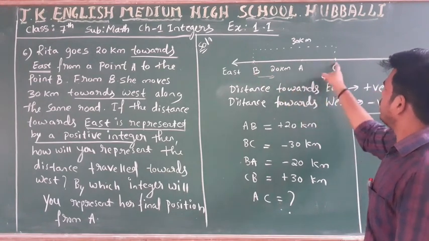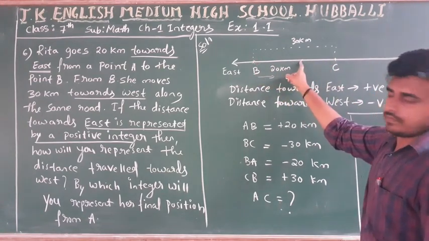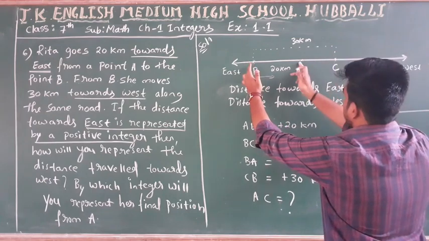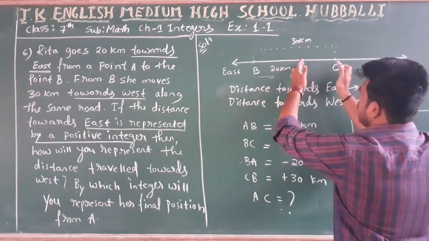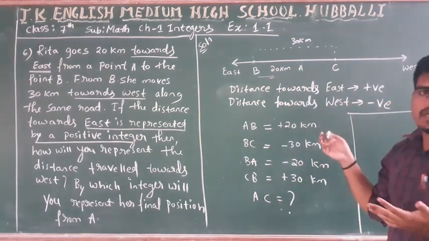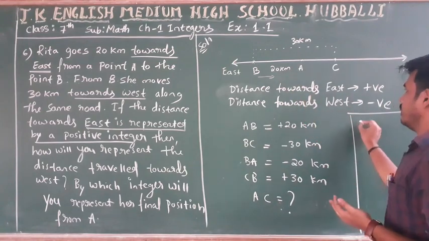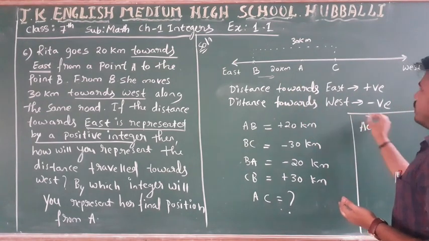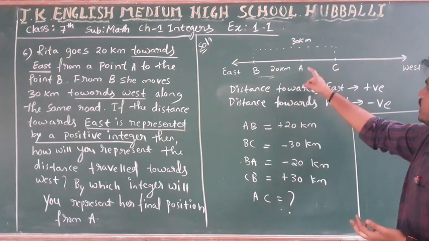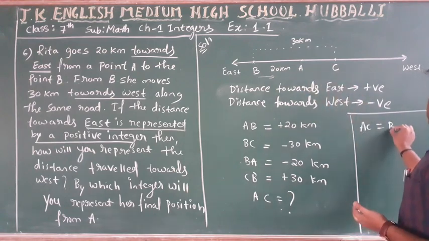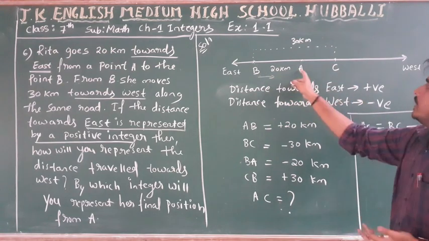In BC, if you remove BA, what will you get? You will get AC. This is general. By looking at the diagram only you can tell. Therefore, AC is nothing but BC minus BA.